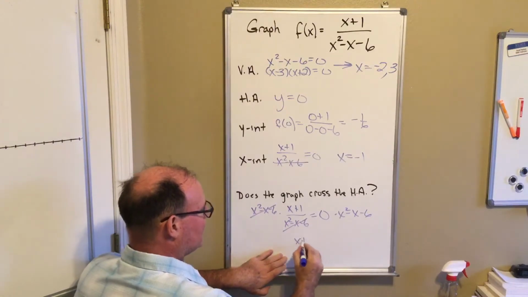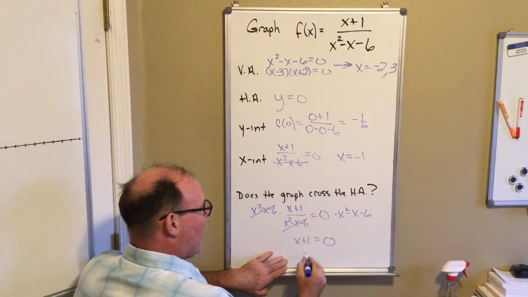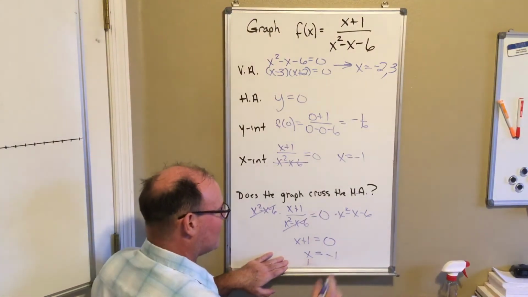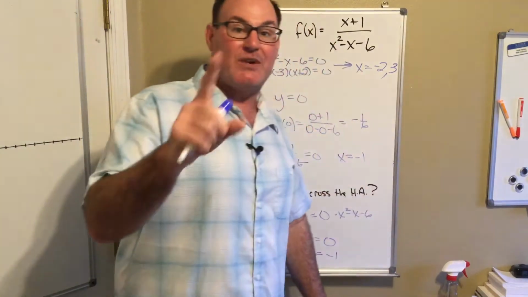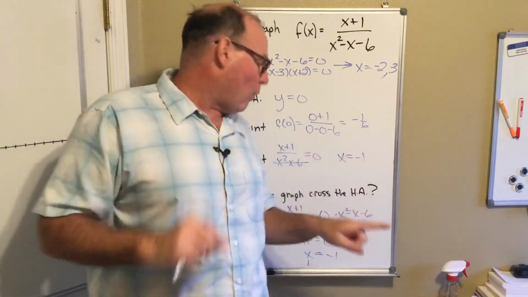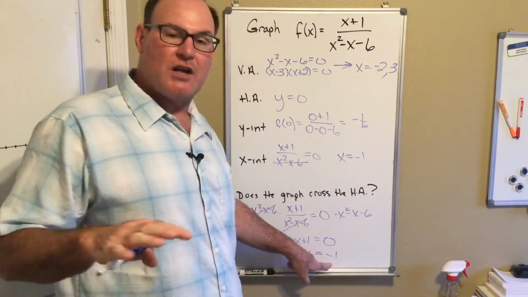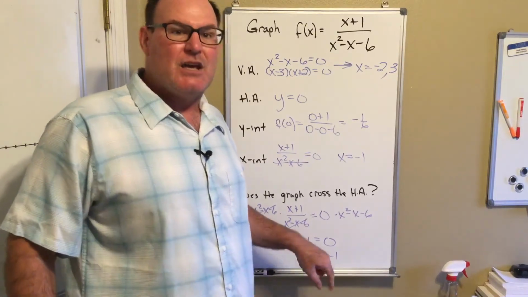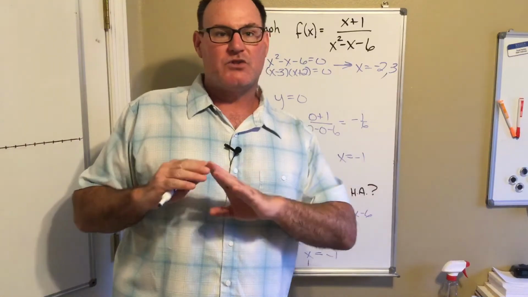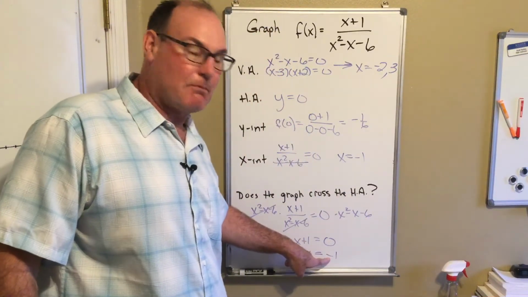I end up with the same equation we just solved a moment ago. 0 times anything is 0. And indeed, this does cross the horizontal asymptote at the value -1. But notice this. It doesn't cross it anywhere else. After that one time at x equal to -1, it will never cross the horizontal asymptote again. So we can now rest assured that the horizontal and vertical asymptotes are going to be firm, except for the horizontal asymptote at this point right here.